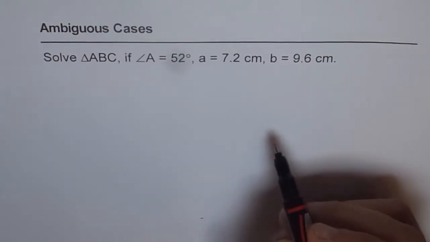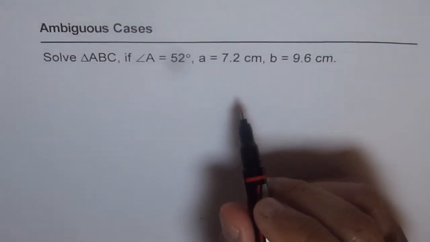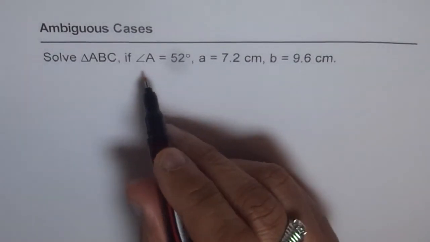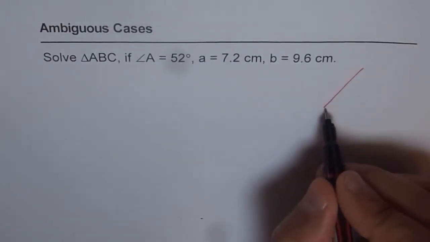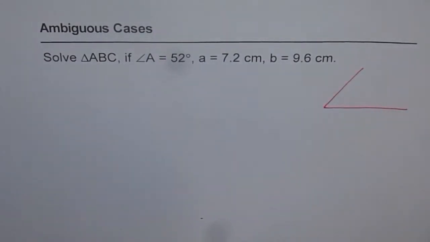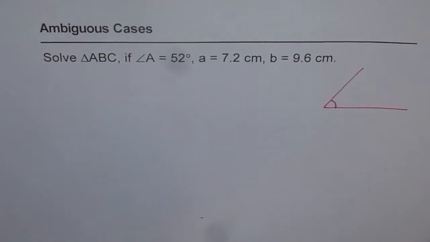Okay. So let's first construct a rough sketch of a triangle which could be triangle ABC. We are talking about angle A as 52 degrees. So let us say the angle here is 52 degrees, correct?